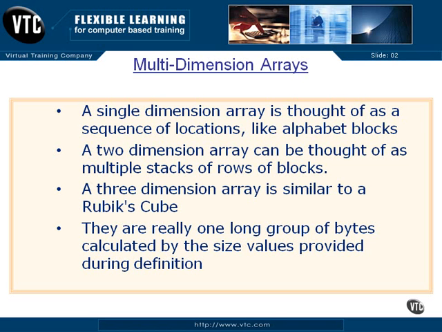A two-dimension array, we already said, is like a spreadsheet, or can be thought of as a stack of rows of blocks. So you put another stack on top. Now, though, we have a multi-dimensional array, but they still all have to be characters, or all integers, all floats, all doubles. We cannot mix up the data types, even though there are two different rows of data, because what's really happening is that these items are one long contiguous group of bytes in memory.